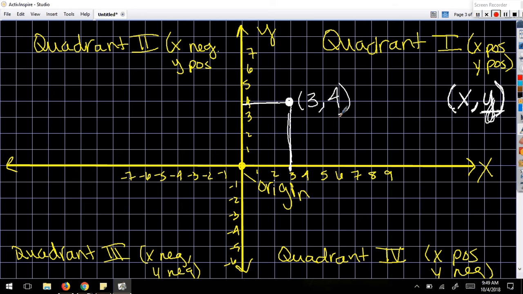How about this point? It's 9, -3. The x value goes over to 9.